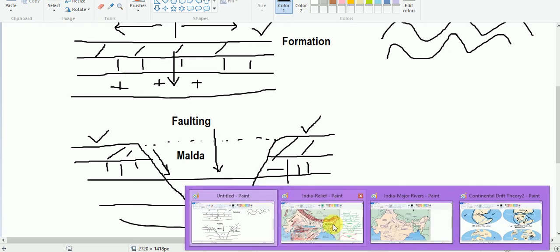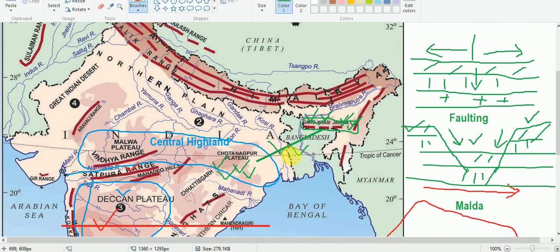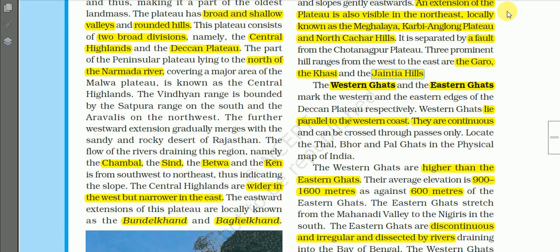So it was subsided in this area. I have drawn a line here, and I am drawing the cross section along this line. This area was subsided. In this way, the Meghalaya Plateau was separated from the peninsular part of the plateau. So any question? Any other? Clear?